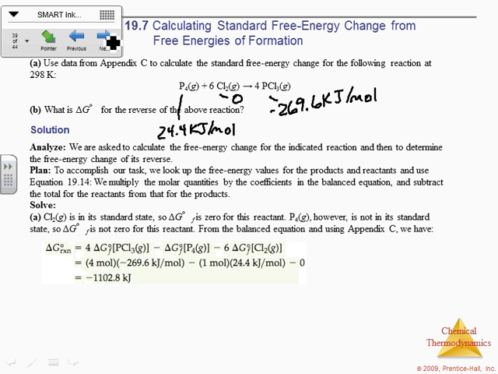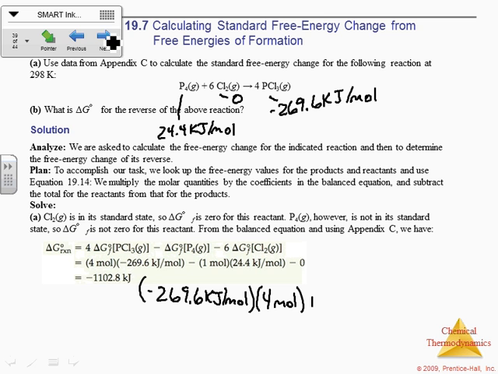Okay, so then basically you just take the products minus the reactants here, so negative 269.6 kilojoules per mole. And you have to multiply that by 4, because there are 4 moles in this equation.